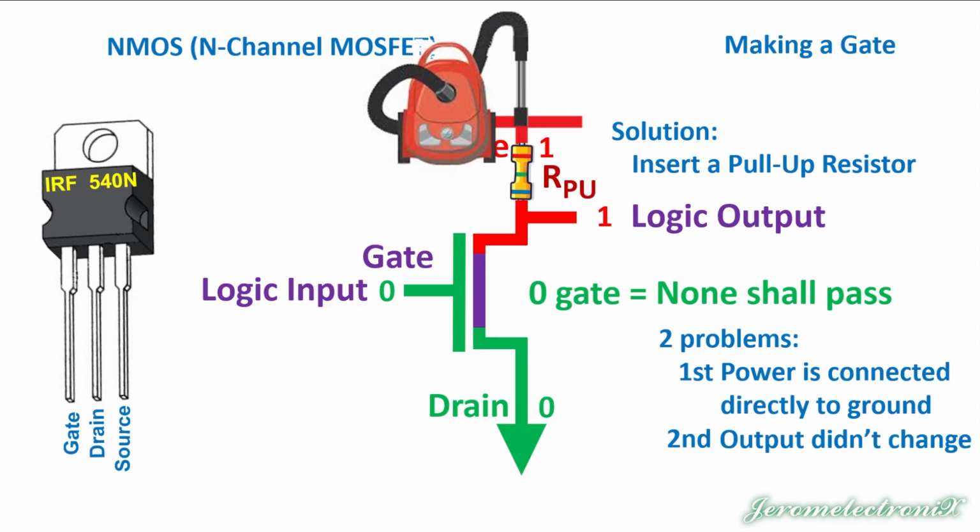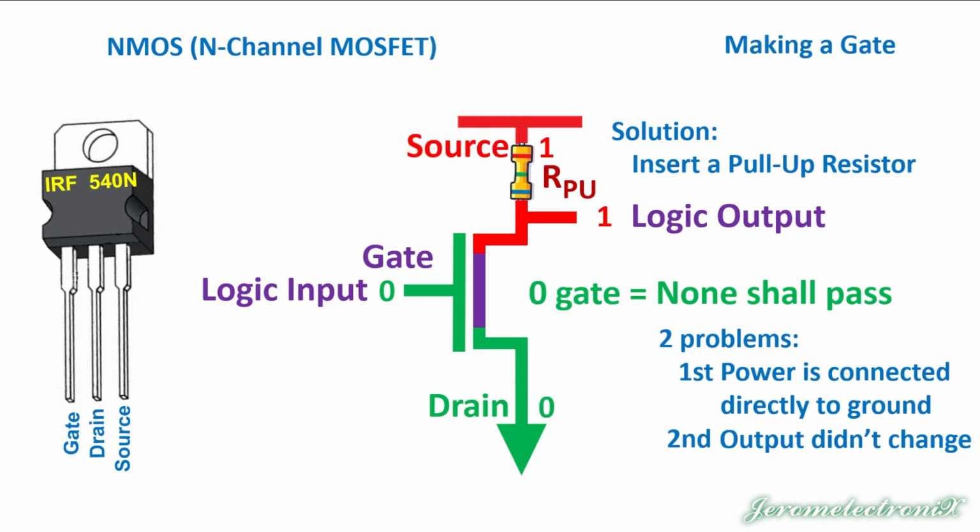And what that's going to do is when the gate is not allowing flow, then the output, which is connected to the high or the 1 or the 5 volts, will be a high, a 1, or a 5 volts until we open the gate. We put a 1 in, the 1 allows flow in the gate, and that pulls up the drain to the level of the logic output, changing it to a 0.